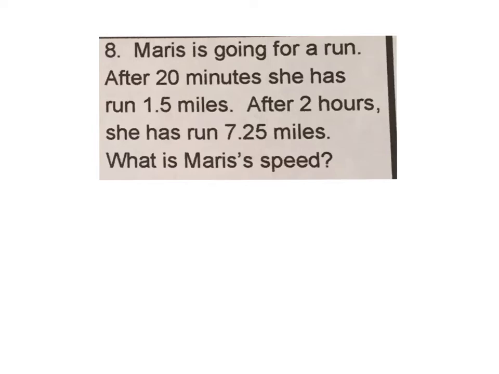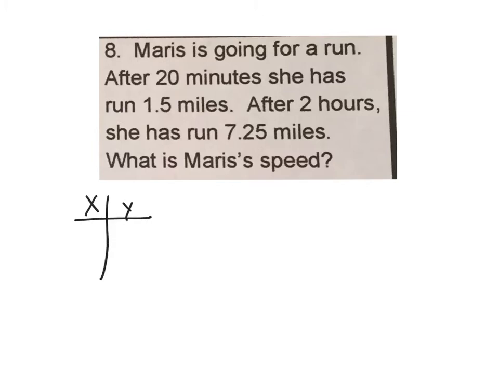Okay, so this one is: Marissa is going for a run. After 20 minutes, she has run 1.5 miles. After 2 hours, she has run 7 25/100ths of a mile. What is Marissa's speed? So this is where you're finding that rate of change. So I would think about your x and your y as a table.